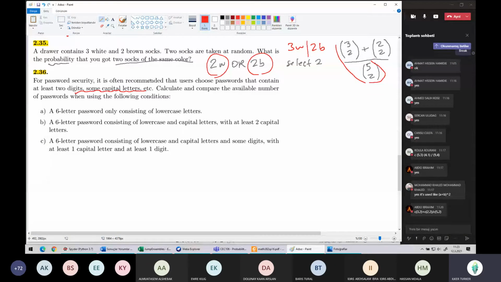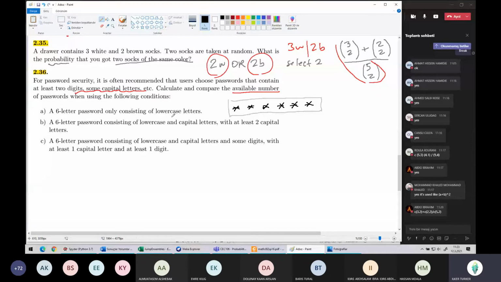This is an available number, in how many ways question, using the following conditions. A 6-letter password. In all parts of the question, we will generate a 6-character password. Part A: a 6-letter password only consisting of lowercase letters.